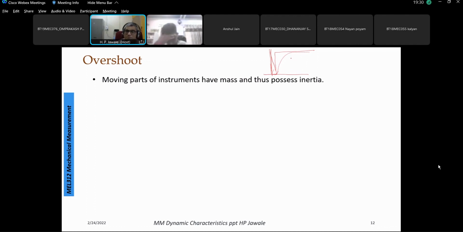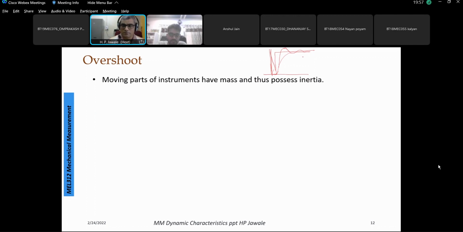But sometimes we find that it gives a rapid response by which it shows a higher value than what is given as the input, because of the initial excitation and the characteristics of the system, like it has some inertia. We find that it is having the overshoot, and then slowly it comes to the settled value, right?